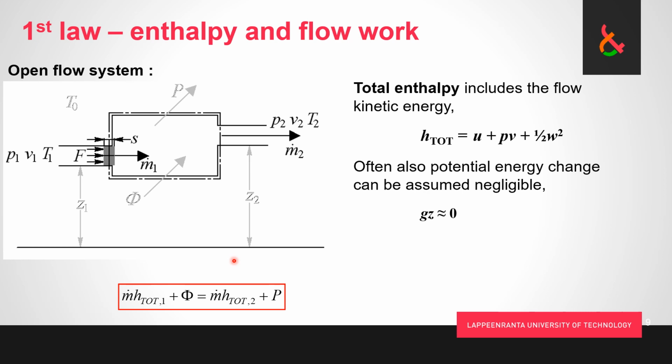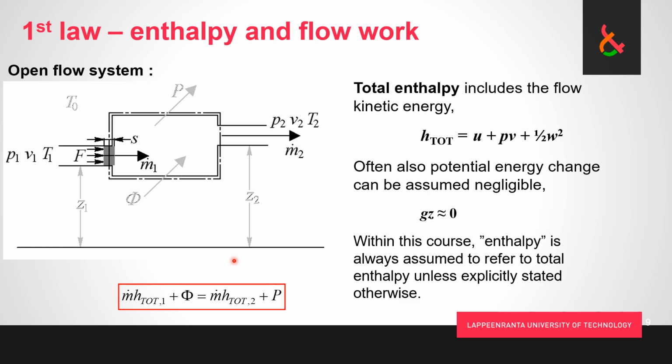If it's a turbine, the turbine is producing power. It's turning the shaft that turns the generator, so the power arrow is going out like we have it here. And within this course, when we talk about enthalpy, we basically always mean the total enthalpy unless it's explicitly stated otherwise, and I don't think it ever will be stated otherwise.